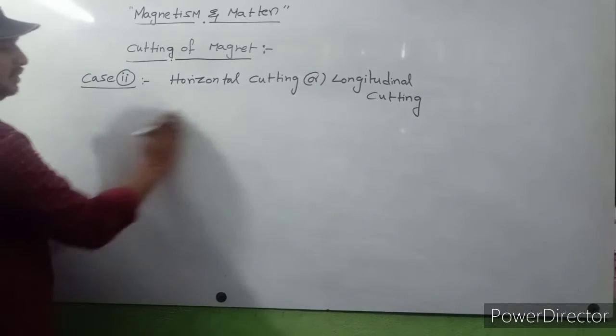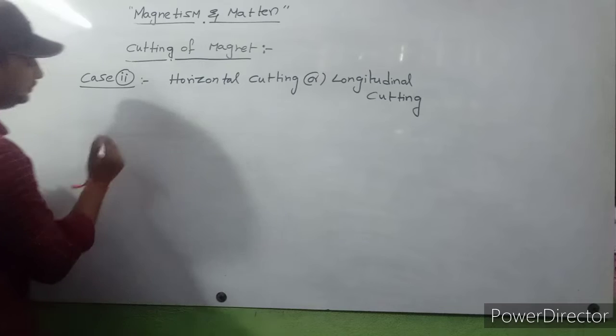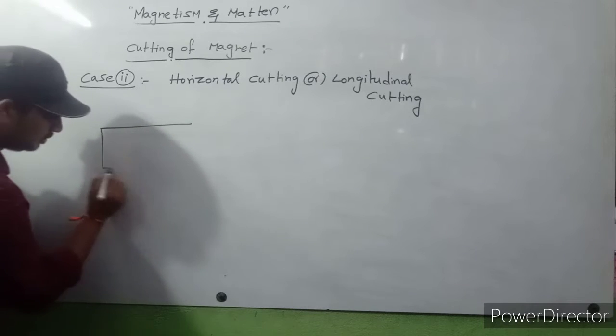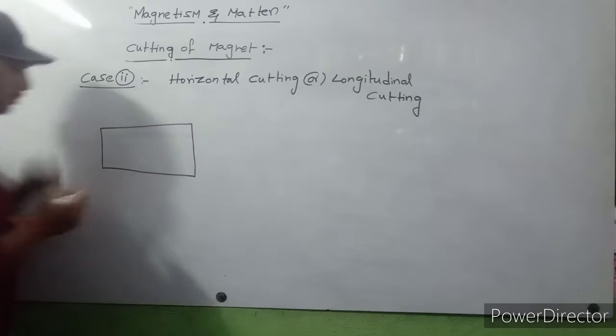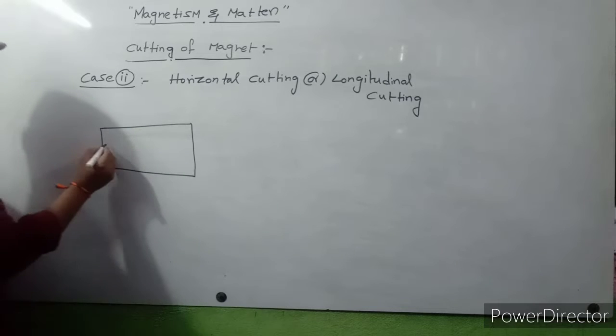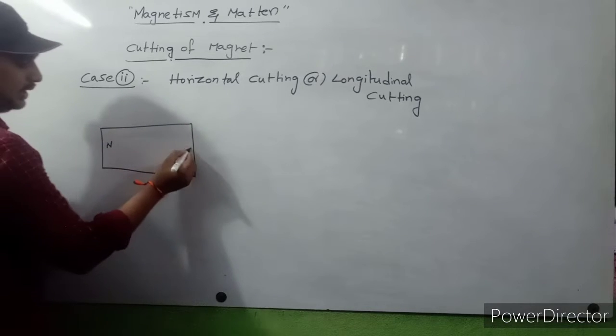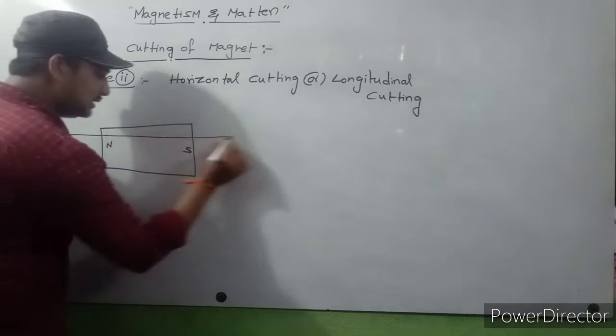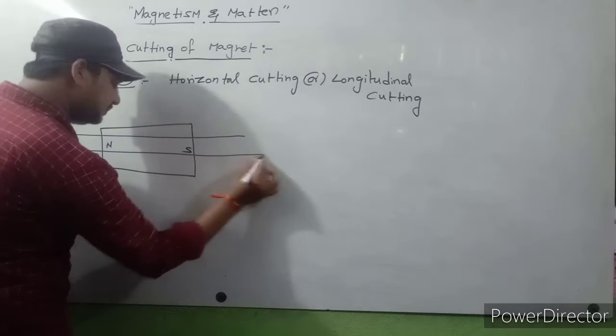For example, I will draw. So this is a bar magnet, I consider. Here it is the north pole. Here it is the south pole. It is cut horizontally like this.